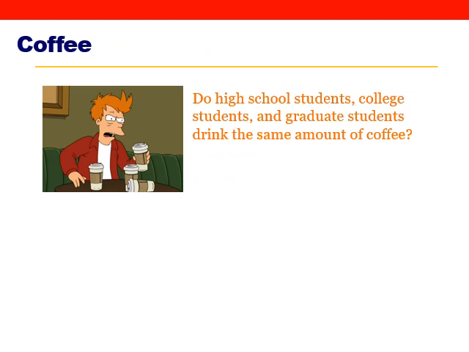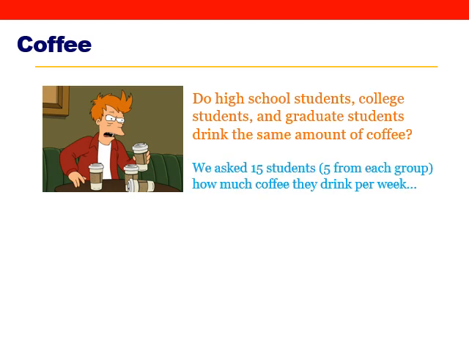In this example, we will try to answer the question of whether high school students, college students, and graduate students drink the same amount of coffee. Again, the reason we'd have to use a one-way ANOVA test here is because we have 3 groups of people: high school, college, and graduate students.